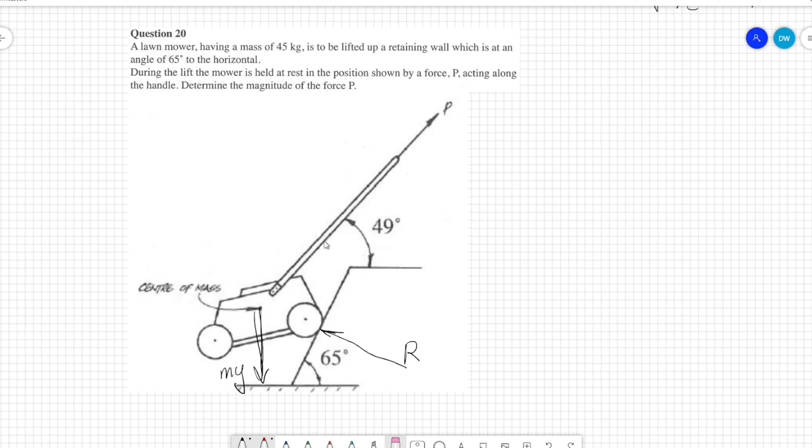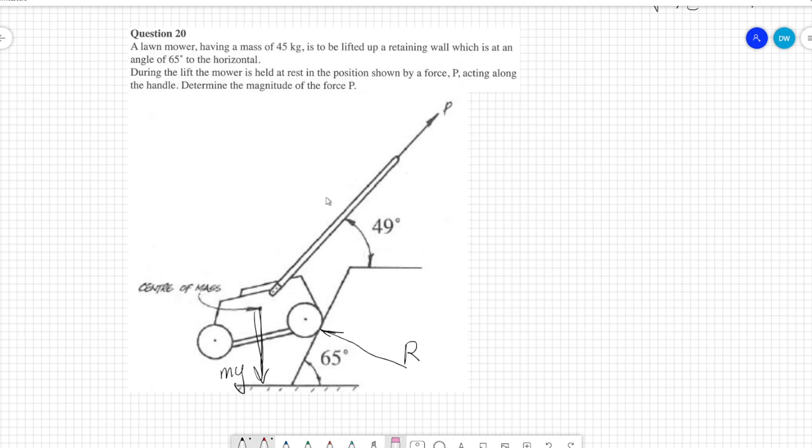If P and R, the pull and the normal reaction, are at angles, we can break them down into vertical and horizontal components. All the vertical forces should cancel out so that the mower doesn't move up or down, and all the horizontal forces should cancel out so the mower does not move left or right. So let's decompose P and R now.